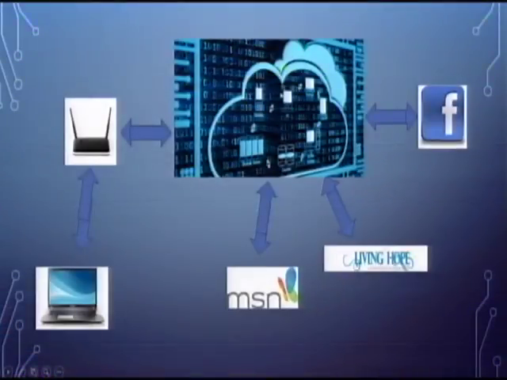So this example shows that we have a laptop that connects to a router. So this is your home. So many of us that use Wi-Fi at home are connecting to some form of Wi-Fi device known as a router. And then in order for it to do something, it needs to connect to the cloud.